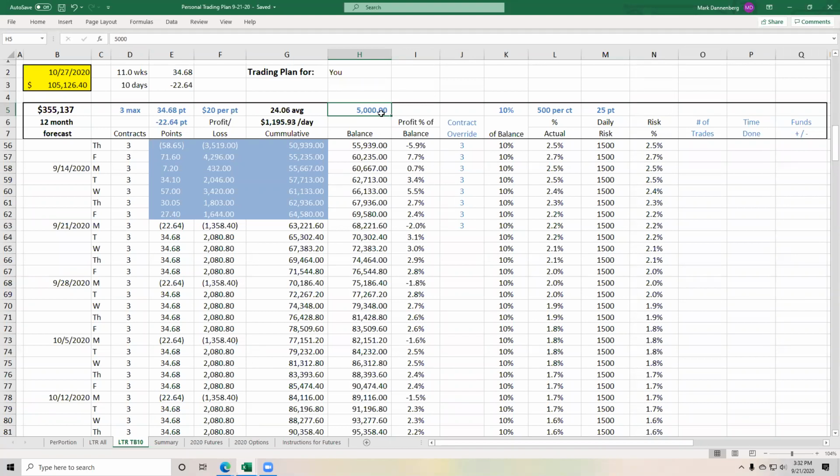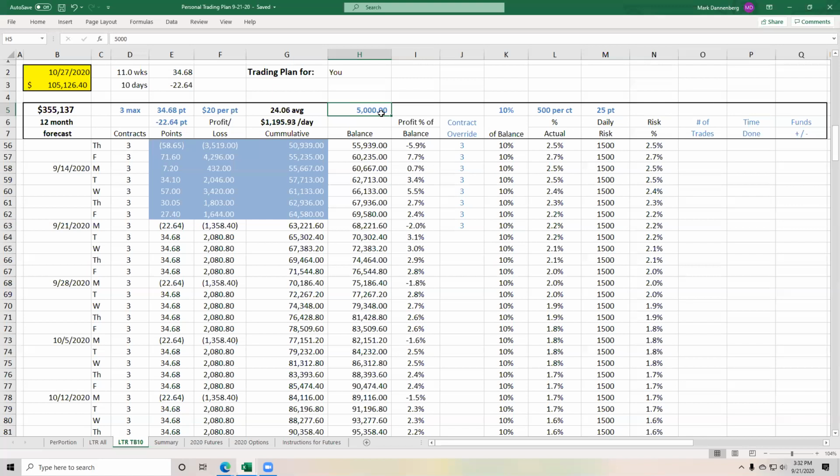Now, when you're trading futures, each contract that you trade requires a certain amount of margin. The broker requires you to have a certain amount in your account, what's called margin, in order to execute that contract. And we know that at our broker, the broker that we use, Infinity Futures, it's $500 per contract of margin to trade NASDAQ futures.